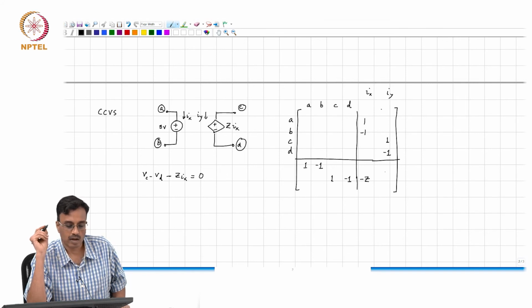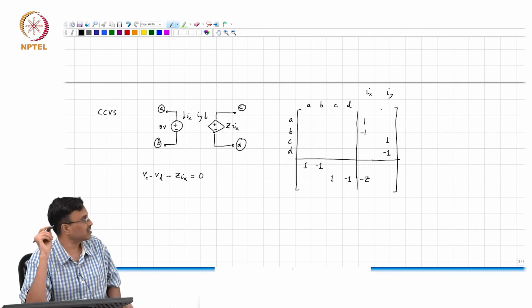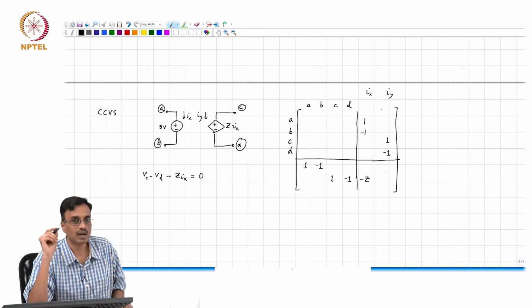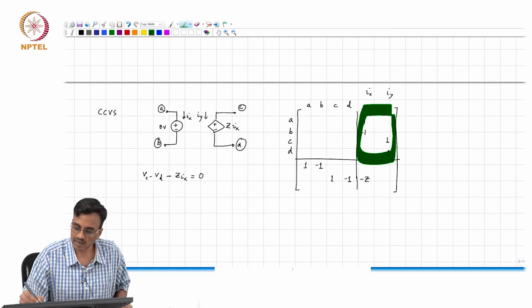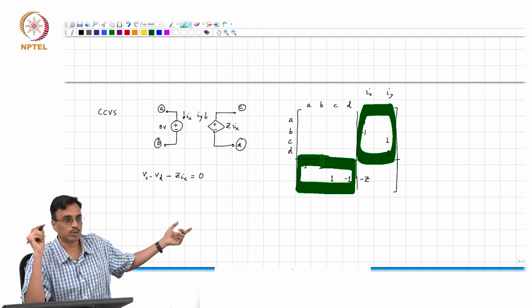Now, if I flip the ports, if I interchange A with C and B with D, what will happen to the MNA stamp of this guy? First of all, what do you notice with respect to this matrix and this matrix? That is simply the transpose.